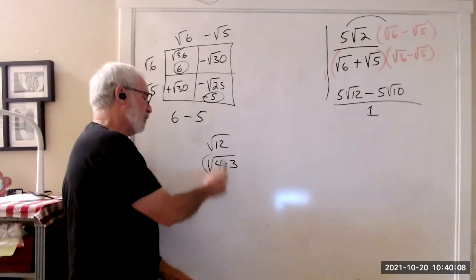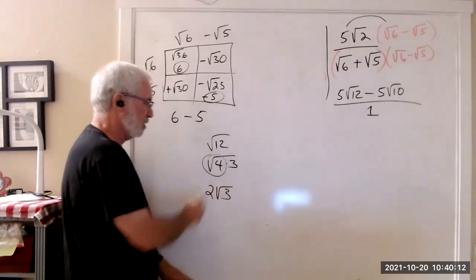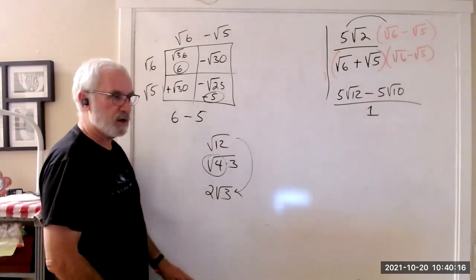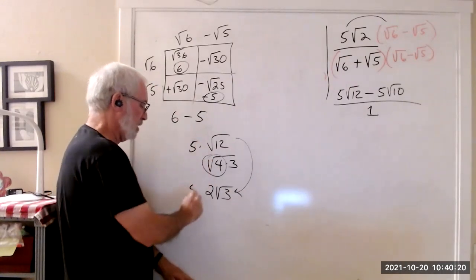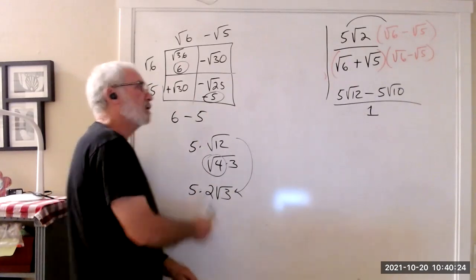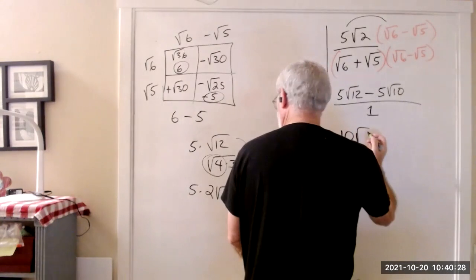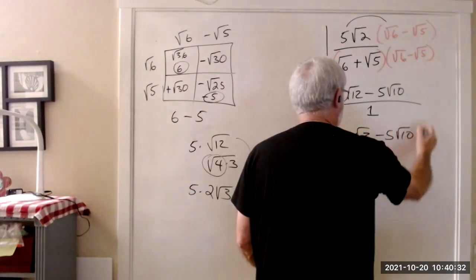Well, we know the square root of 4 is 2, so the square root of 12 is 2 radical 3. Square root of 12 becomes 2 times the square root of 3. But if it's got a 5 on there, it's just multiplying. 5 times 2. So this is 10 radical 3 minus 5 radical 10.